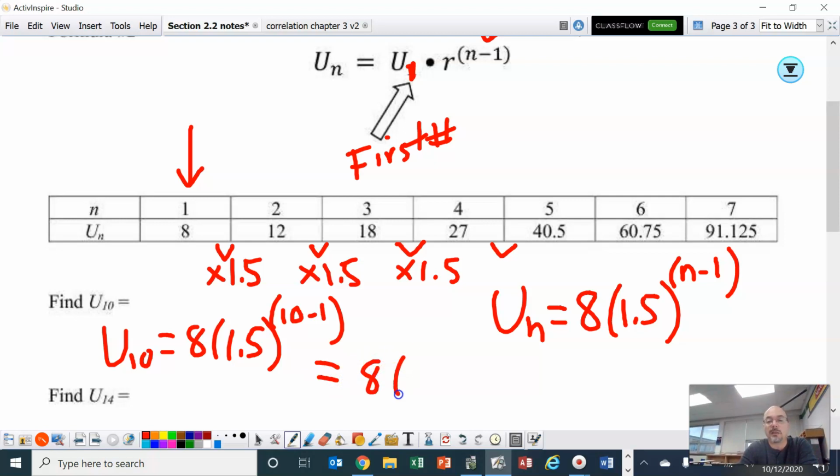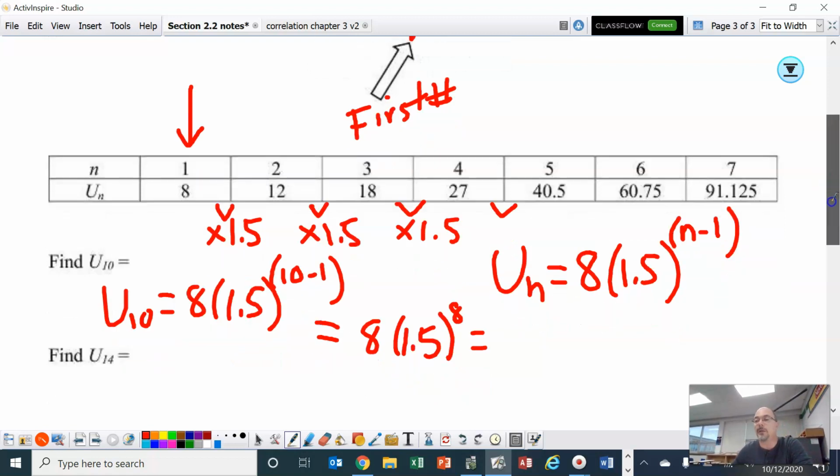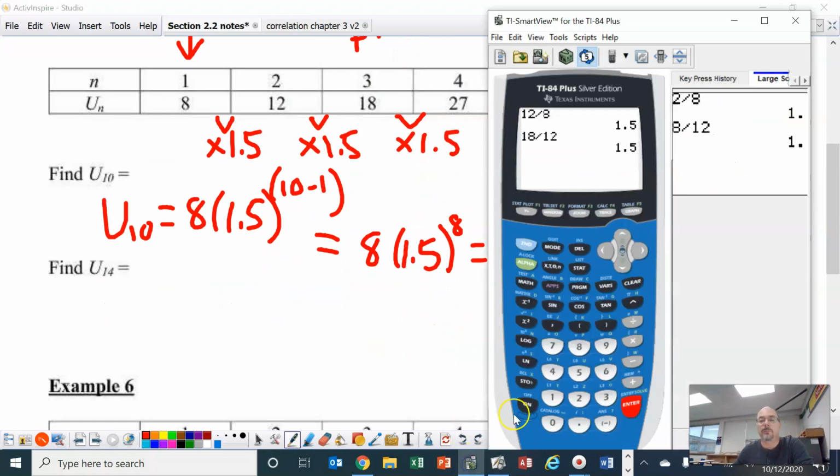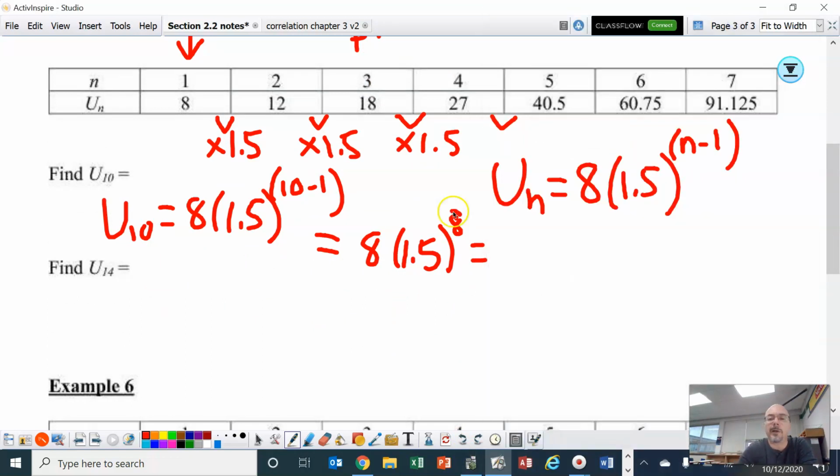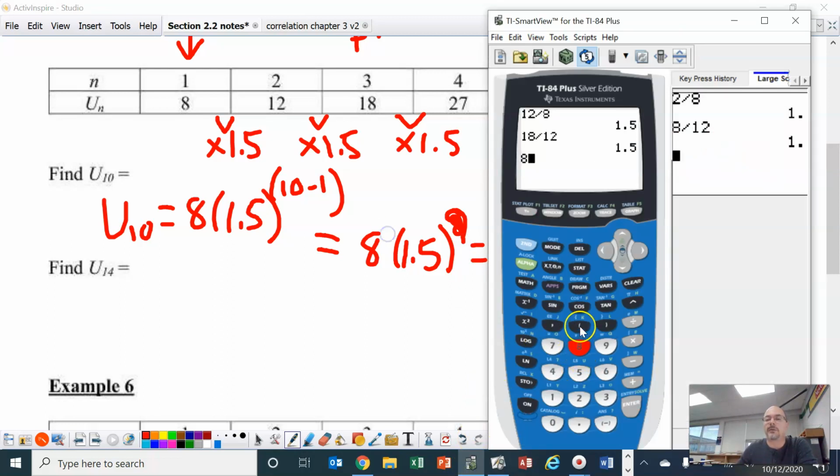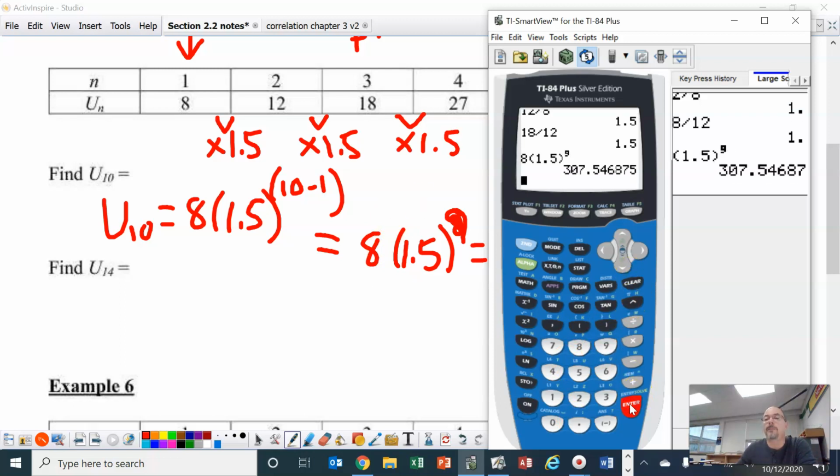Sorry, this is a little sloppy. 10 minus 1 is 9, not 8. All right, so 8 times 1.5 raised to the 9th power. So the 10th number in the sequence is 307.55.